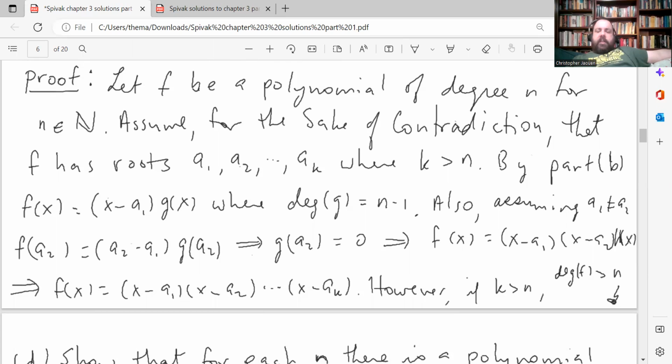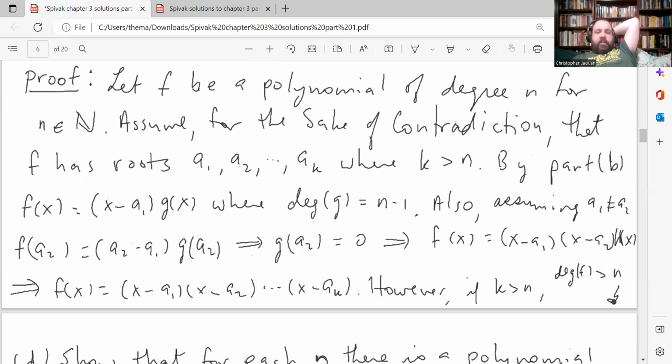Also, if a1 equals a2, you still get a similar factorization, you just get an extra factor of x minus a1. Assuming that it's not, then g of a2 has to be 0. So f of x is (x minus a1) times (x minus a2) times some polynomial h of x, where the degree of h is n minus 2, and you keep going like that.